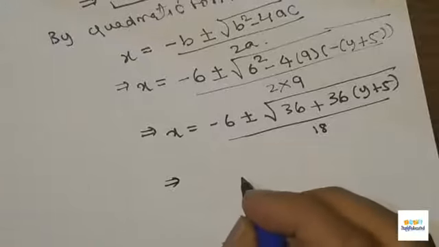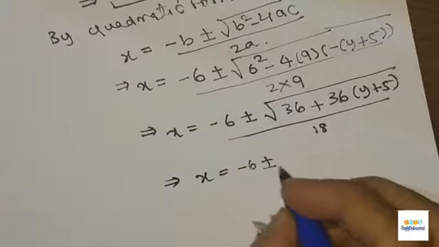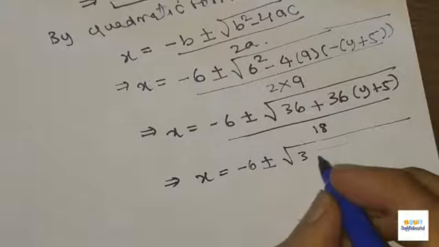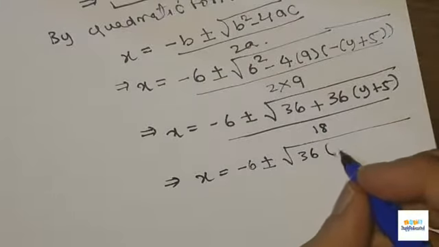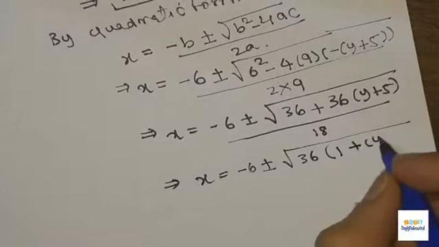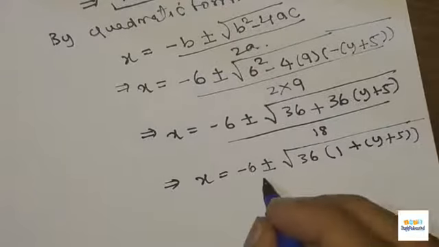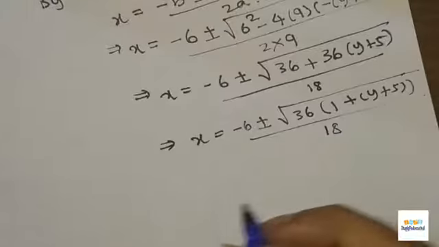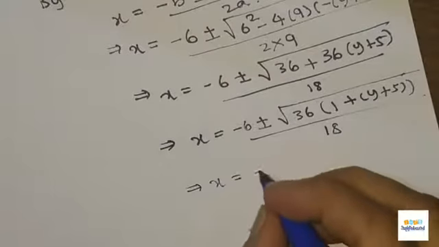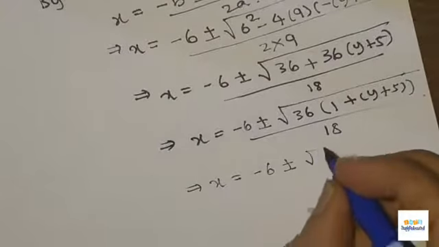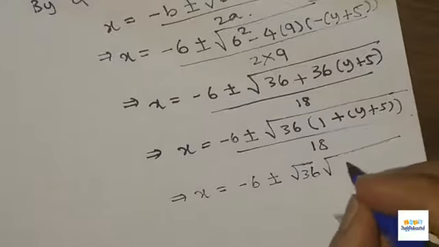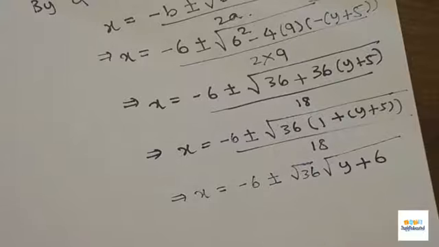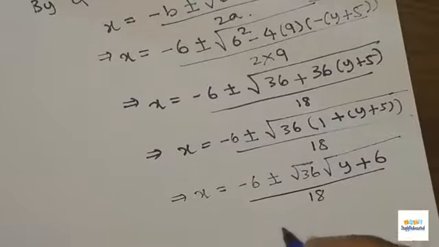Now x is equal to minus 6 plus or minus root of 36, you can take common from here, 1 plus y plus 5, divided by 18. So this x will be equal to minus 6 plus or minus root of 36, multiplied by root of y plus 6, since 5 plus 1 is 6, divided by 18.